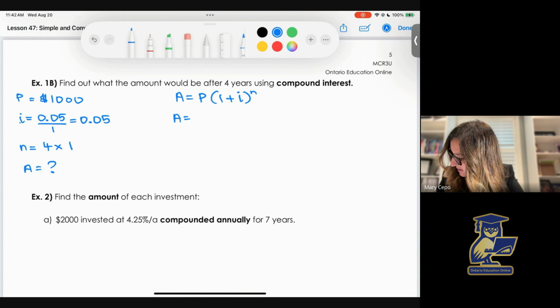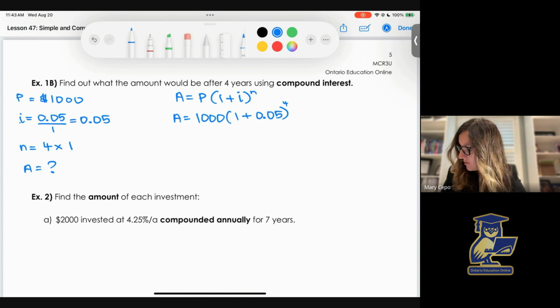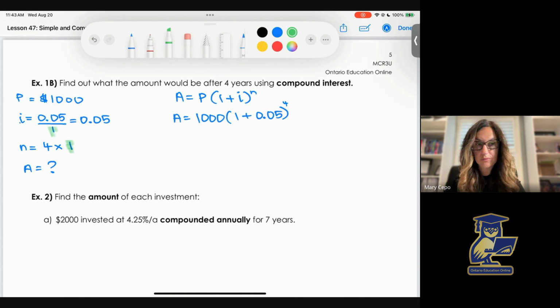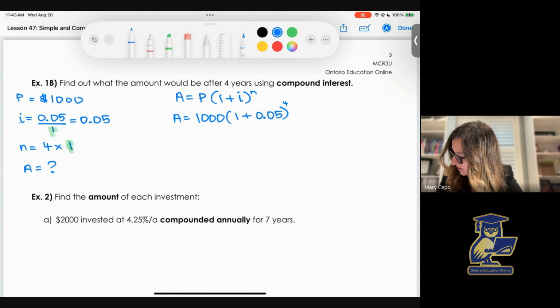So we're investing $1,000, (1 plus 0.05), all to the exponent of n. Just a reminder that 1 is that compound period of annually. Simplified, always following BEDMAS, it's 1,000 times (1 plus 0.05, which is 1.05) all to the exponent of 4.